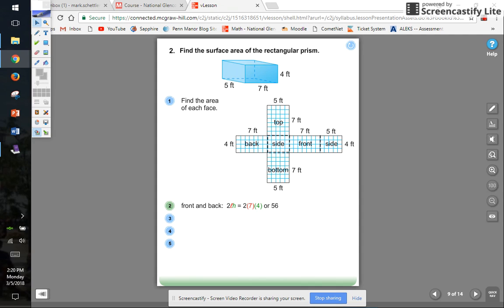So we have 7 times 8, which is 28, times 2 is 56. Where did I get those numbers? Let's just figure out the back. 7 times 4 is 28. 28 times 2 is 56. That covers that one and that one.